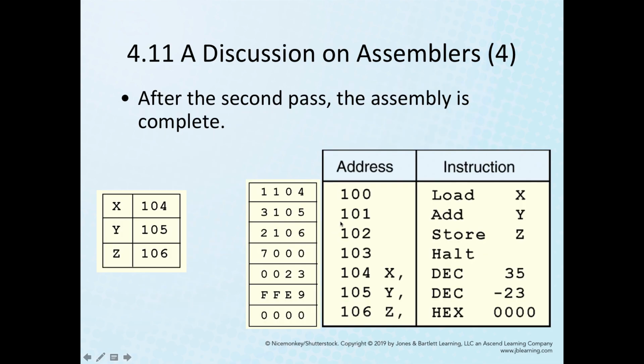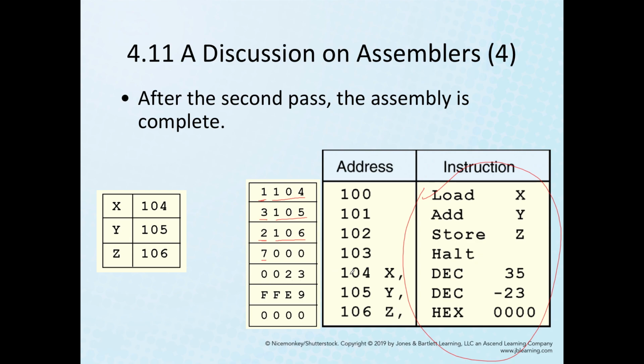And then in the second pass, using those tables, the entire program is translated into machine code. Previously it was 1 and X, but X is 104, so X gets 104, then 3Y, Y is 105, and then 2Z, Z is 106, and the 7000 is halt.